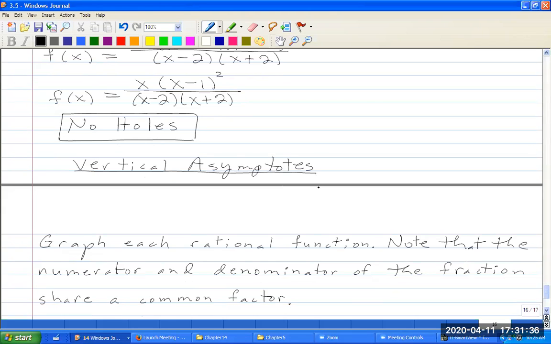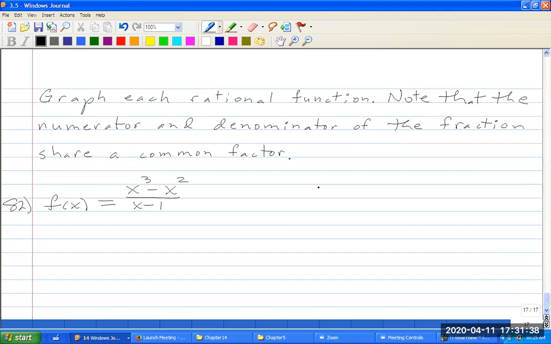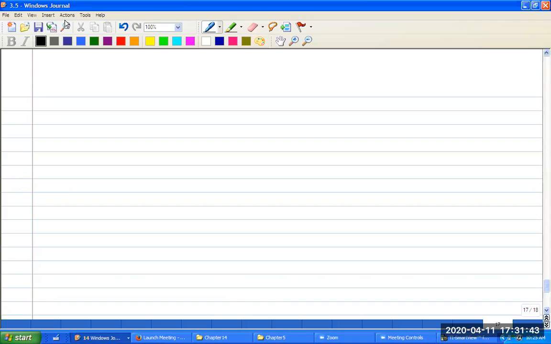I'll set the denominator to 0: x minus 2, x plus 2 equals 0.